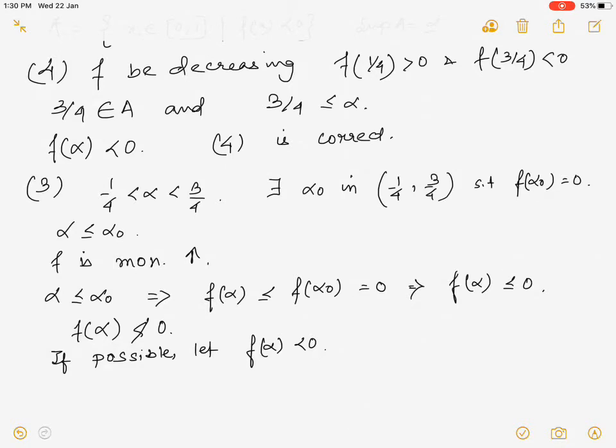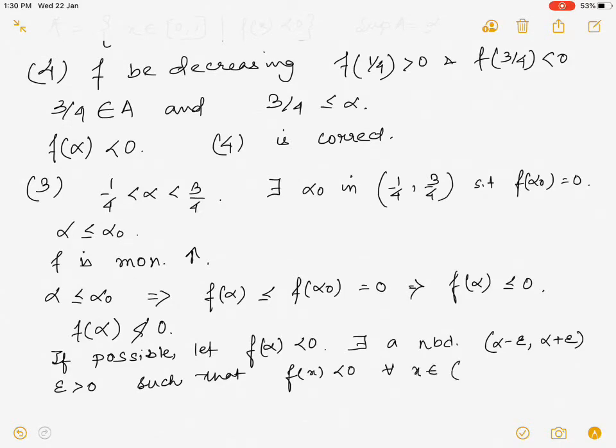Now since f is continuous at alpha, there exists a neighborhood, say (alpha minus epsilon, alpha plus epsilon) for some epsilon strictly greater than 0, such that f(x) is strictly less than 0 for all x belonging to (alpha minus epsilon, alpha plus epsilon).